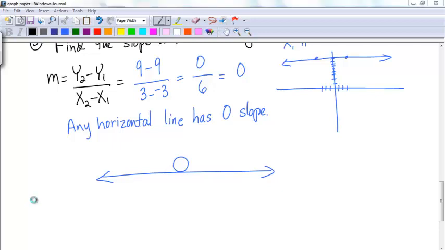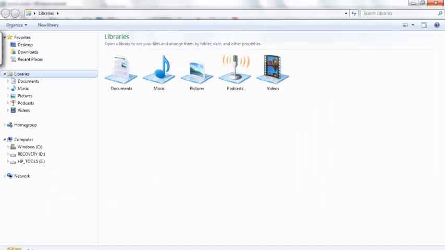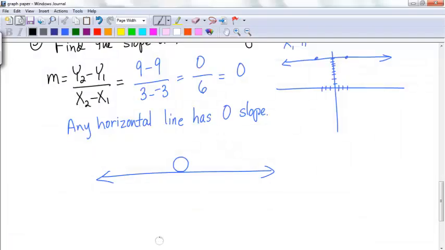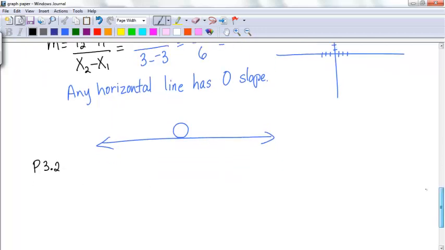Okay. Then the author takes you through two postulates. Postulate 3.2. And it says two non-vertical lines. Remember that prefix non meaning not, so they are not vertical.